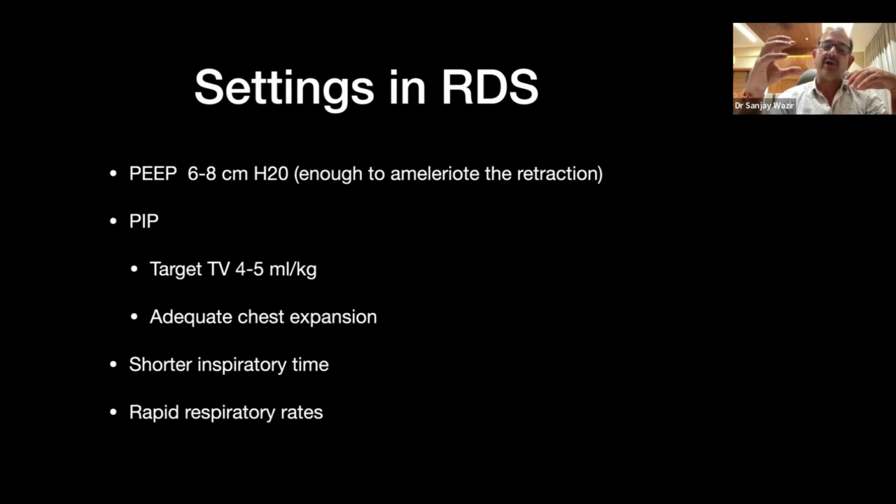PIP should be enough to cause a target tidal volume of 4 to 5 ml per kg, and this should be corroborated with the flow curve that you see, and also at the bedside with an adequate chest expansion. Now, since RDS is a disease which is mainly a compliance problem, with no resistance problem, the compliance is low, so the time constant is low.